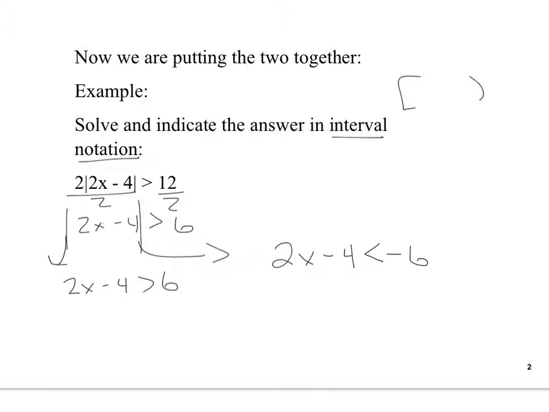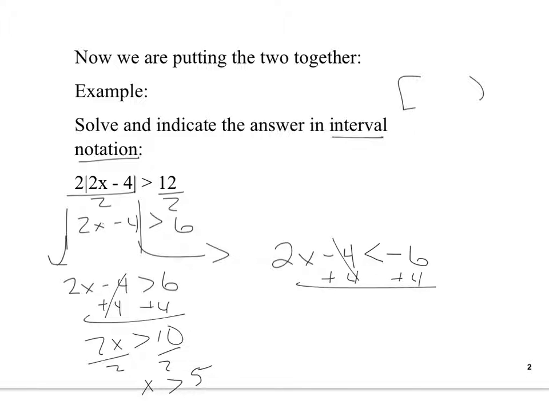And that's really it. Then you just have to solve. So 2x is greater than 10, so x is greater than 5 is the first one. So this is negative 2. I am not dividing by a negative. The negative is not on the bottom, so those are my 2 answers.